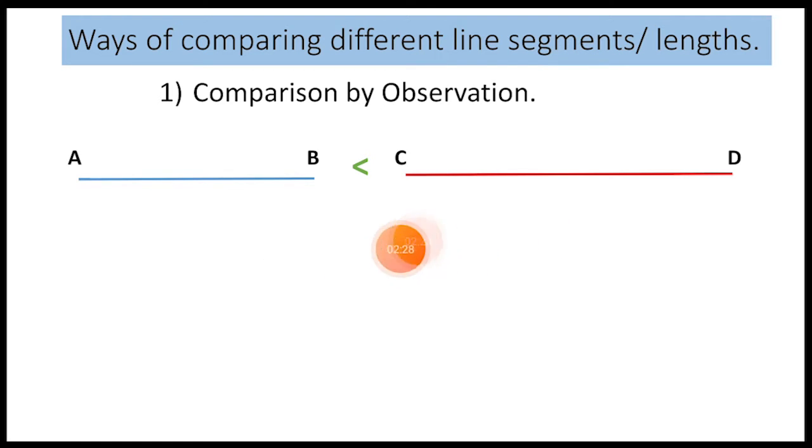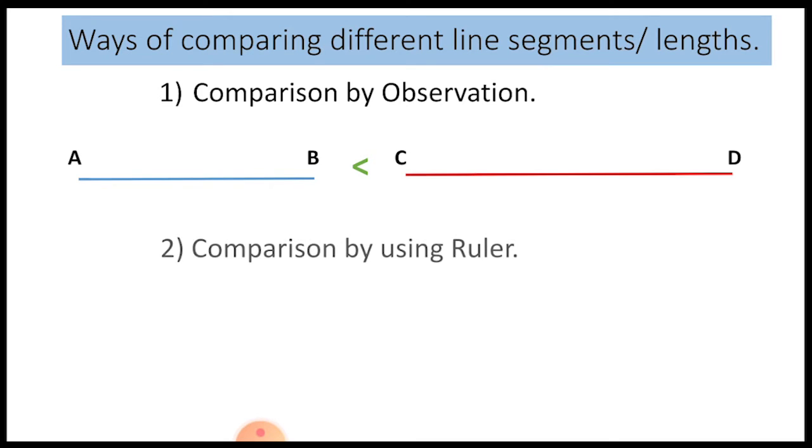Fine, but here comes a problem when we have line segments which look slightly the same in observation. Fine, so there we cannot tell the comparison or the difference between the drawn line segments. So there we come across the way of using a ruler for comparison purposes.